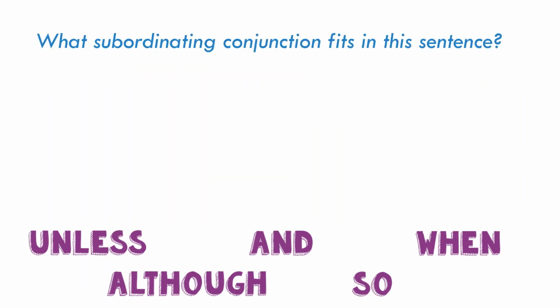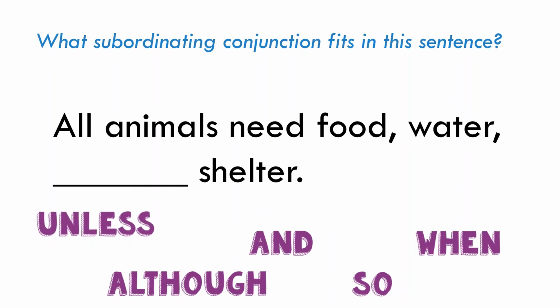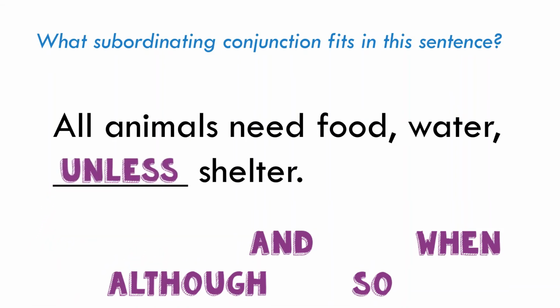What subordinating conjunction fits in this sentence? All animals need food, water, blank, shelter. Let's try a few of them out. We have unless, and, when, although, or so. Let's try unless. All animals need food, water, unless shelter. That one doesn't make sense.